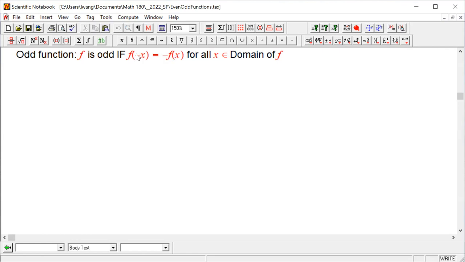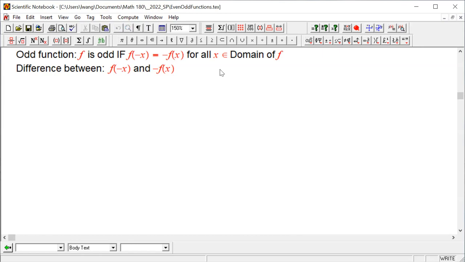The negative sign inside or outside, what difference does it make? First we're going to address the difference between f of negative x and negative of f of x. What's the difference? They each have a negative sign.